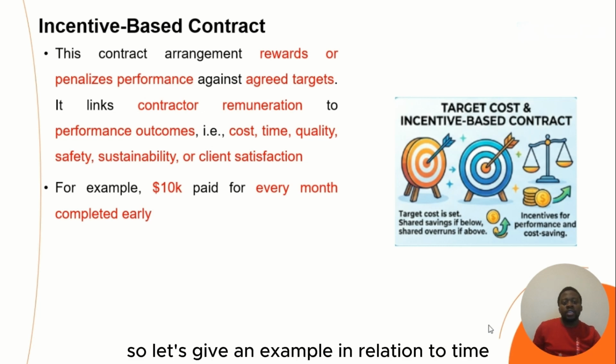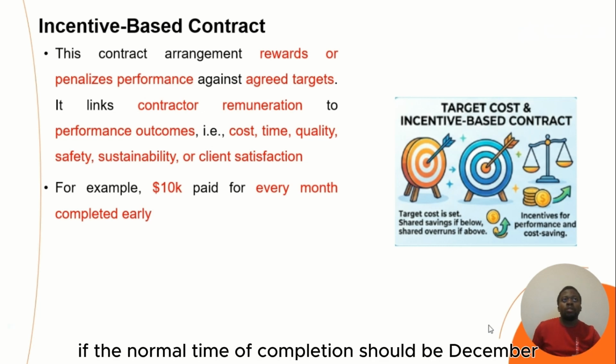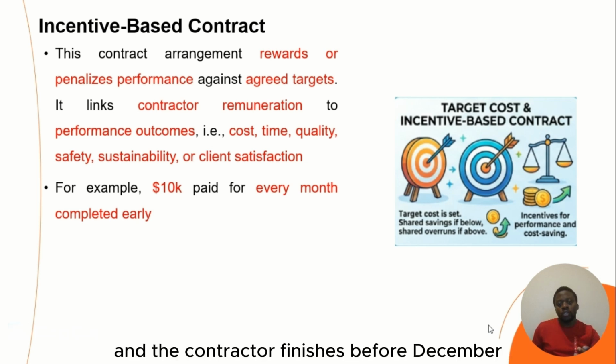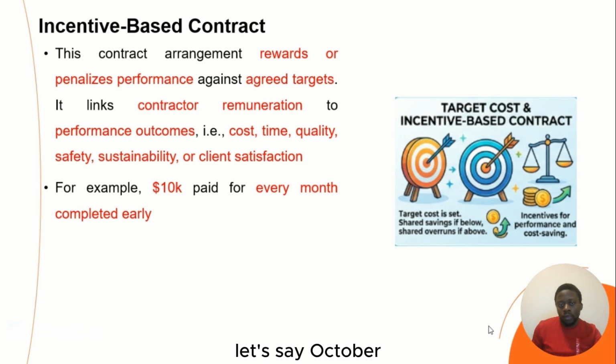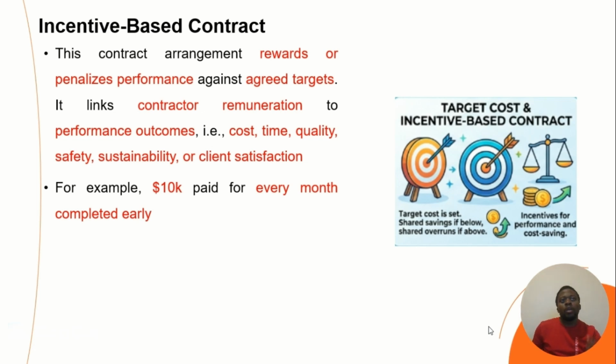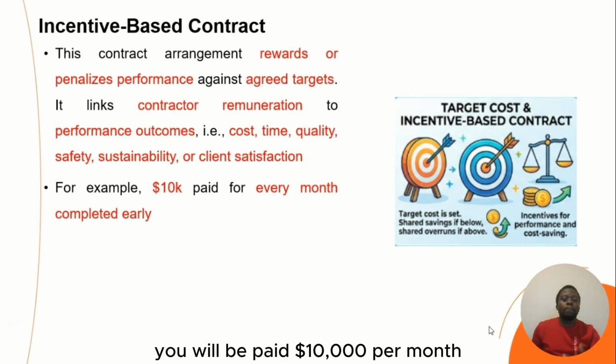So let's give an example in relation to time. The normal time of completion should be December, and the contractor finishes before December, let's say October. So there is an agreed contract that if the contractor finishes early, it will be paid 10,000 per month.